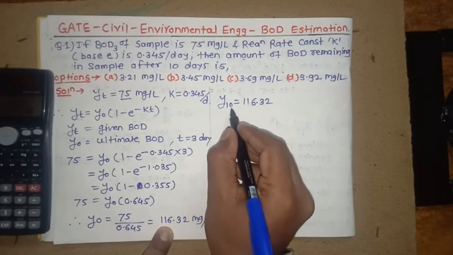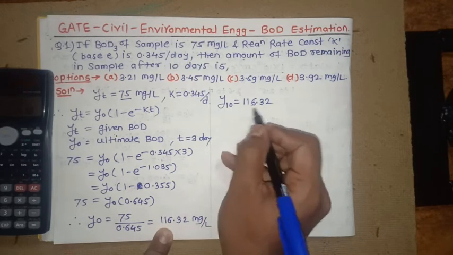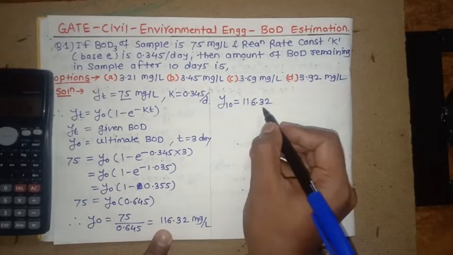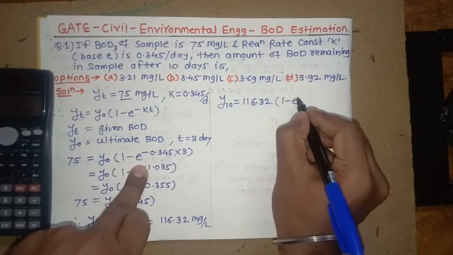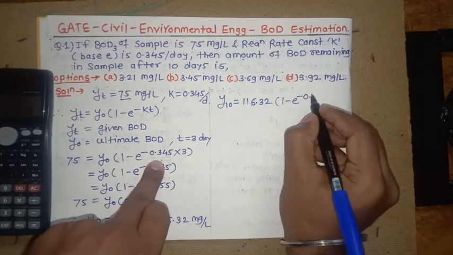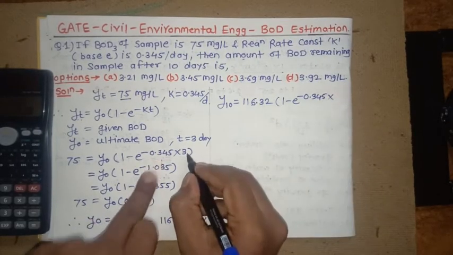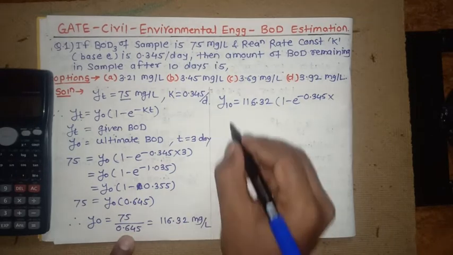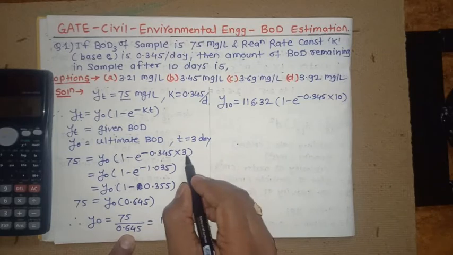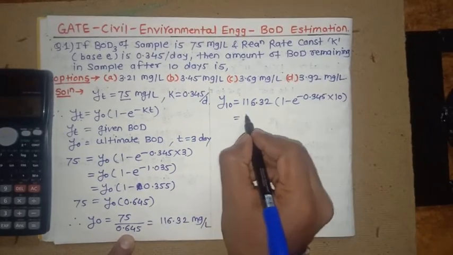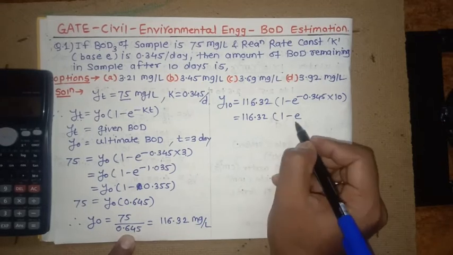Y at the time period, so for 10 days we have to calculate it, so Y10 is equal to the ultimate BOD, that is this value, into bracket 1 minus e raised to minus Kt. Now what is t here? For 10 days we have to calculate. So change t from 3 to 10. Calculate 116.32 into bracket 1 minus e raised to.